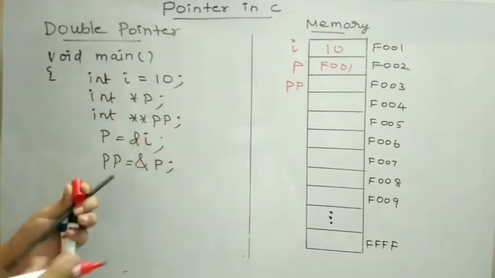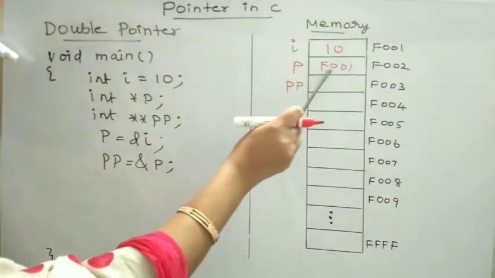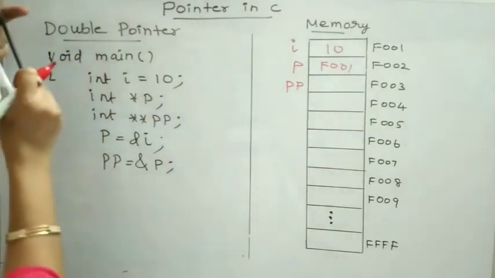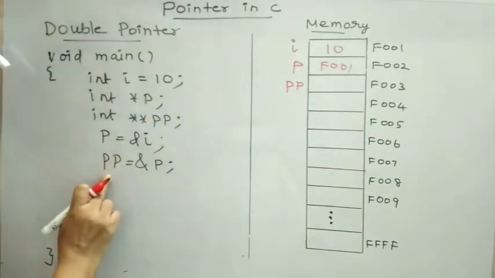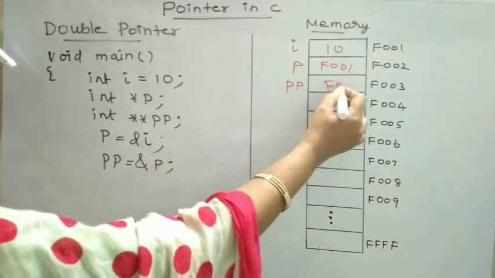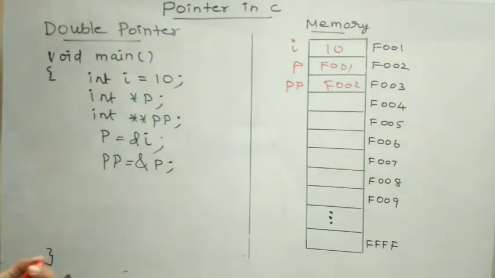What is the content of p? That is F001. What is the memory address of this p? That is F002. The memory address of p, that is F002, is assigned to this double pointer pp. So F002 is assigned to this double pointer.